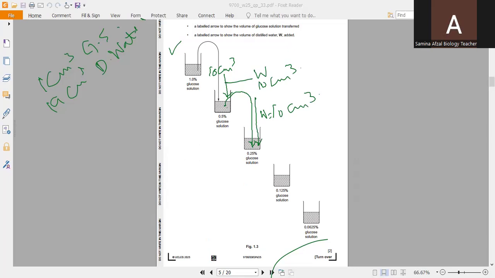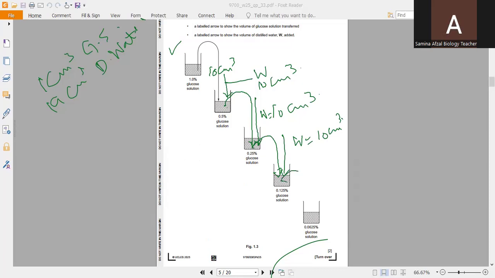Now from this solution, again we will make half of this concentration, that is 0.125% glucose solution. We will again add W, which is 10 cubic centimeters. So now the solution is ready, which is 0.125% glucose solution.